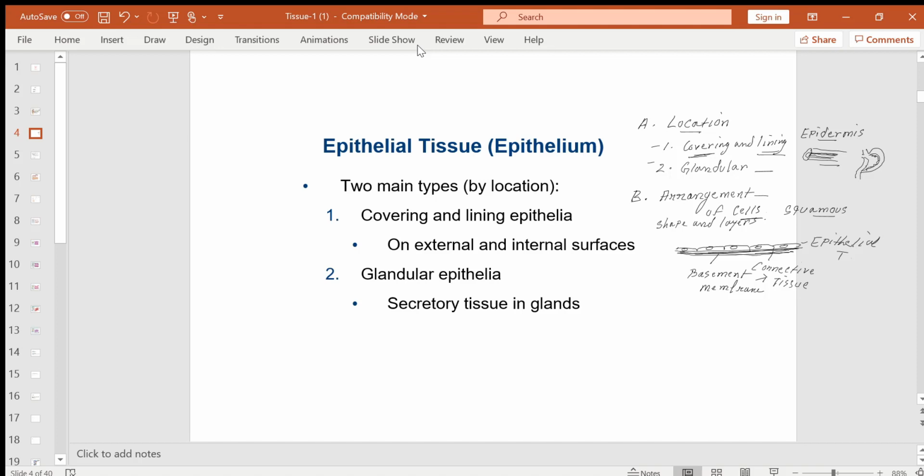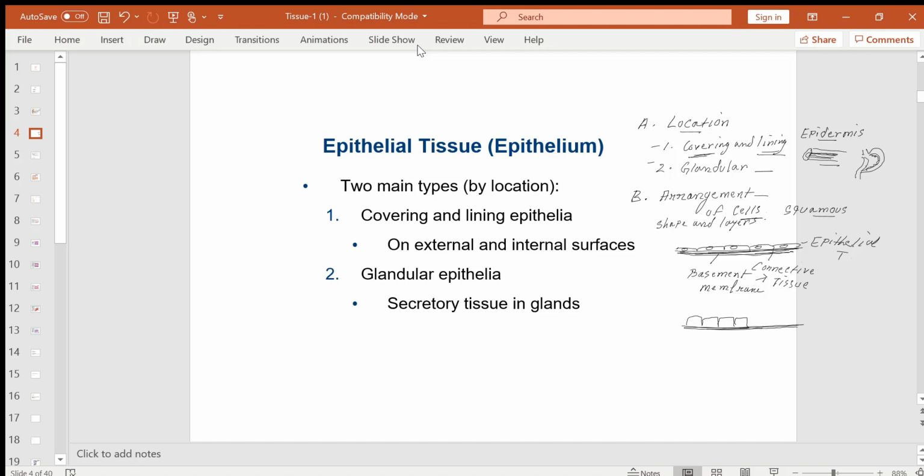Another type of cells in the epithelial tissue are cubical shaped. So this is the connective tissue basement membrane, and the cells here in this epithelial tissue are cubical or cube shaped.